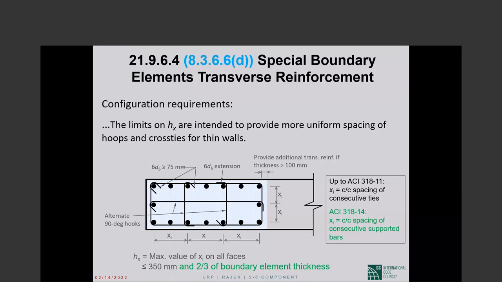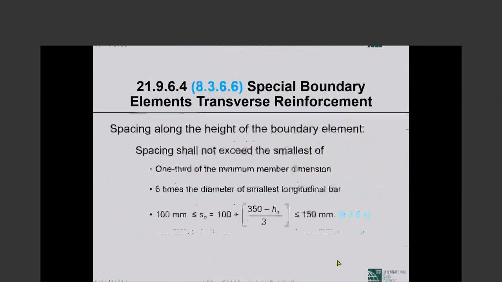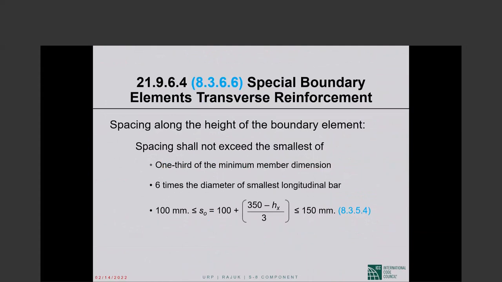So if it is a 12-inch thick boundary element, the maximum spacing cannot go beyond 8 inches. It is not 14 inches anymore. So that is a pretty severe restriction that has been added by 318-14. Okay, so that is the configuration.